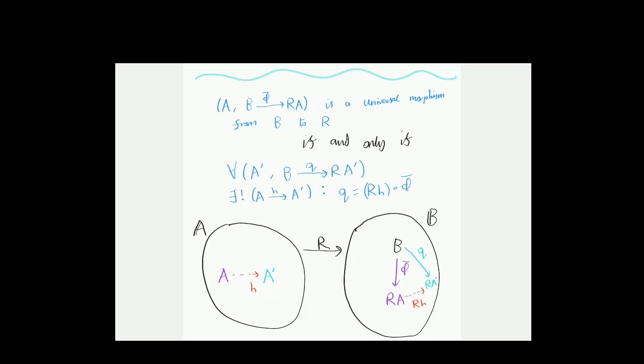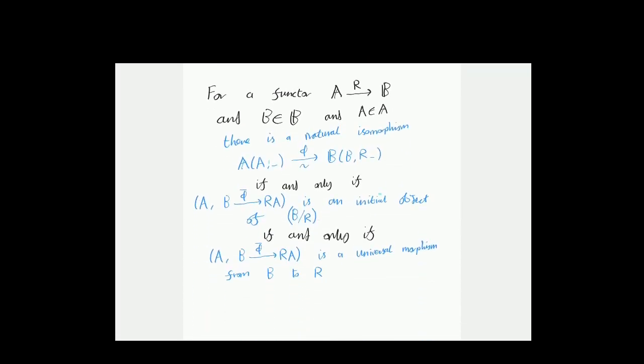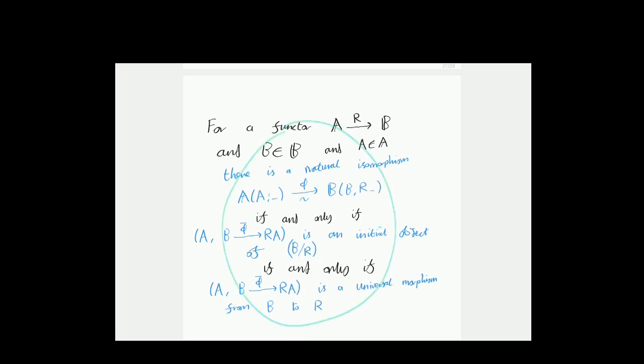And there are lots of examples of these kind of things, like initial objects and coproducts and coequalizers. And we'll see later that natural number objects are examples of these as well. Now, I'm mostly interested in how this concept fits into this definition here.